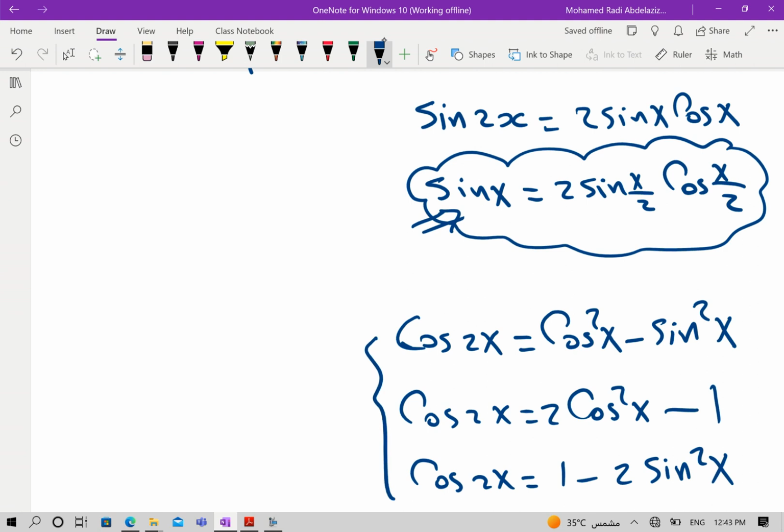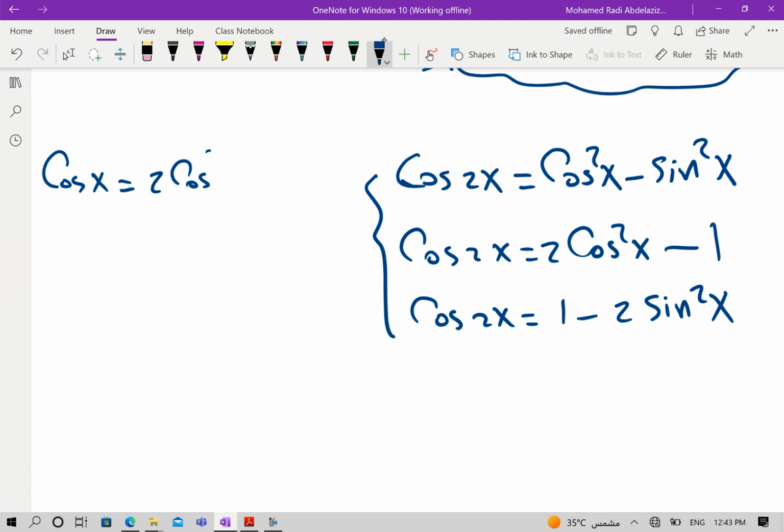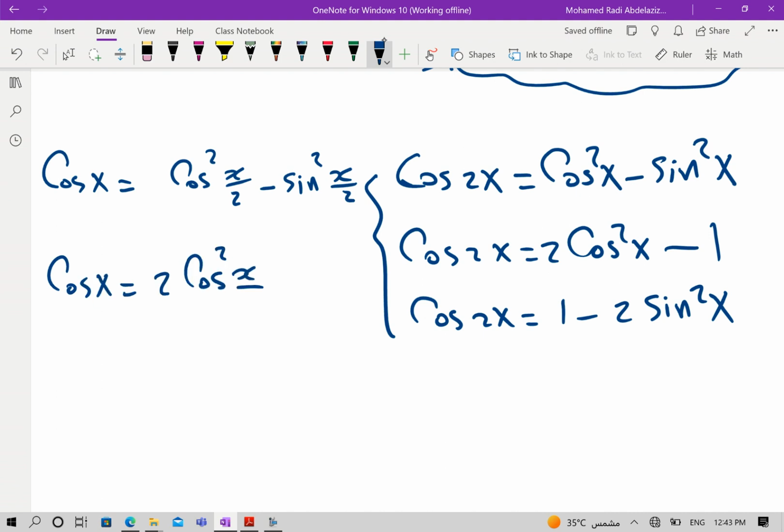I will repeat these 3 again, but I will write x on the left side and x over 2 on the right side. Cosine x is cosine squared x over 2 minus sine squared x over 2. Cosine x is 2 cosine squared x over 2 minus 1.